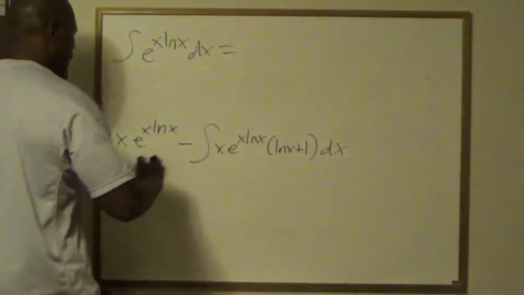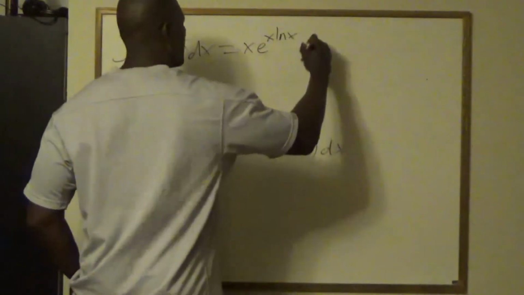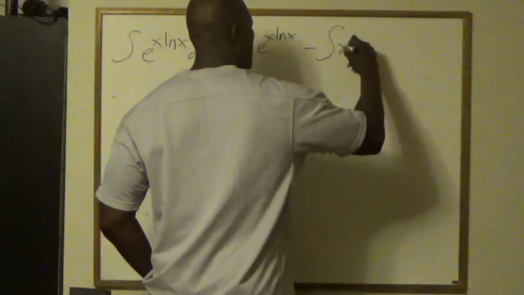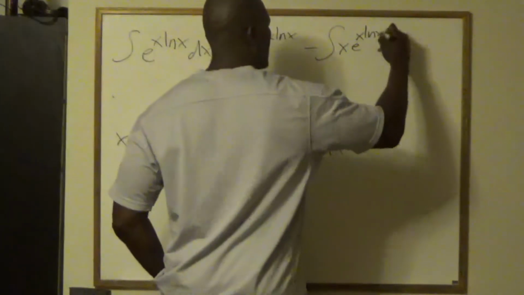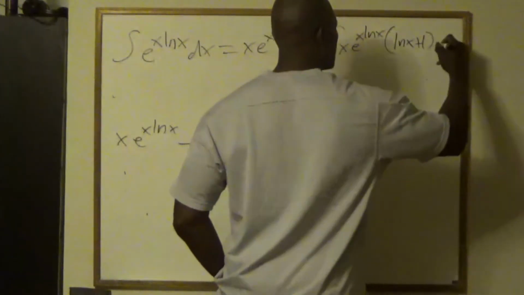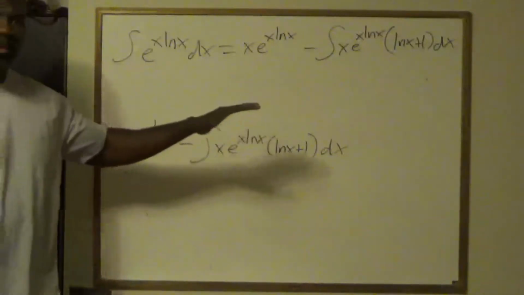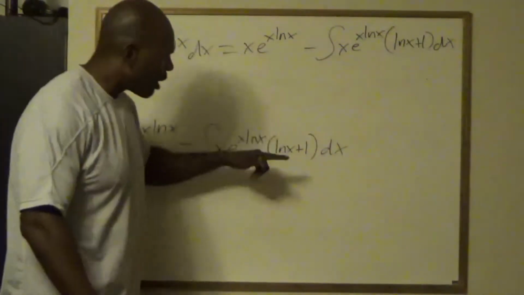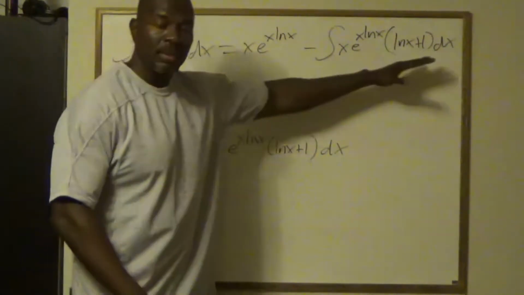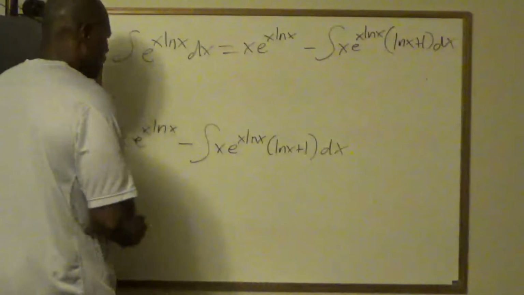So this so far equals x e^(x ln x) minus the integral of x e^(x ln x) times (ln x plus 1) dx. So this is the problem, and to solve it, all we have to do is figure this guy out. Again, u substitution didn't work, so we're going to try integration by parts.